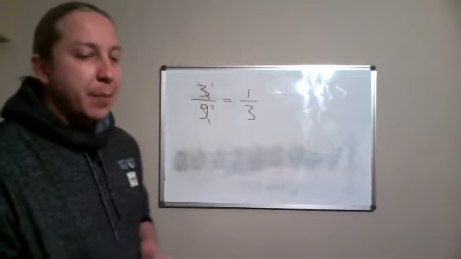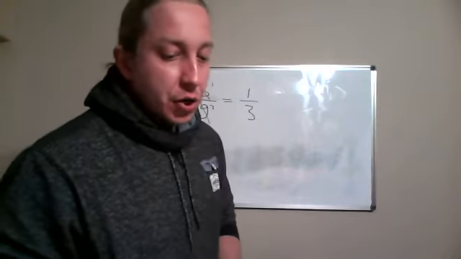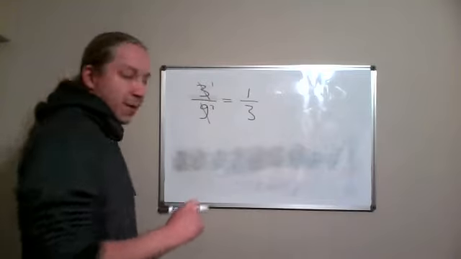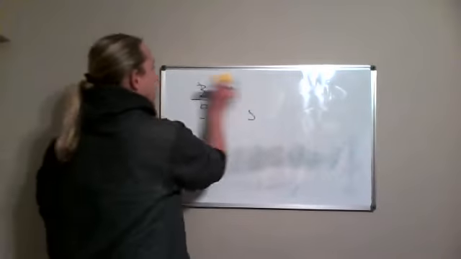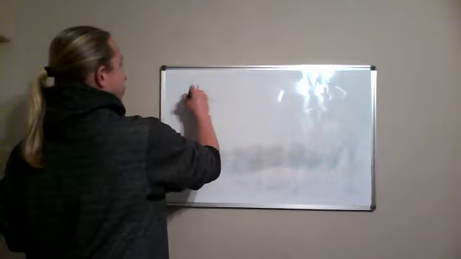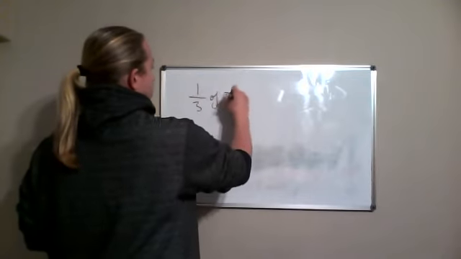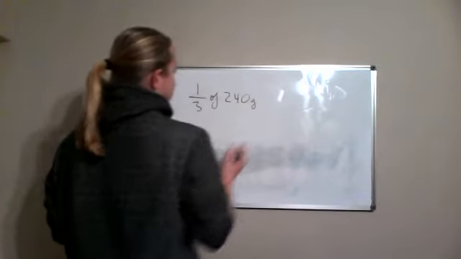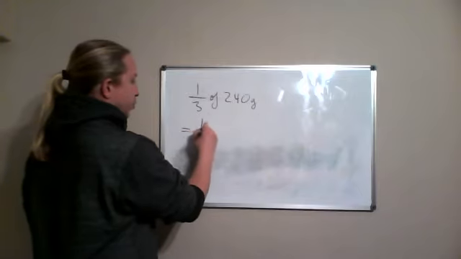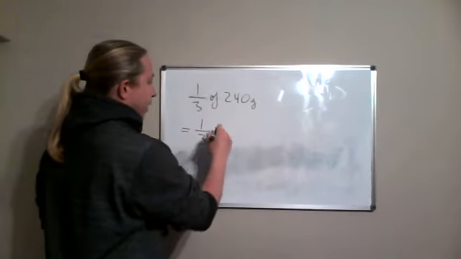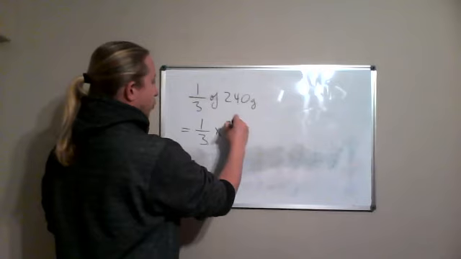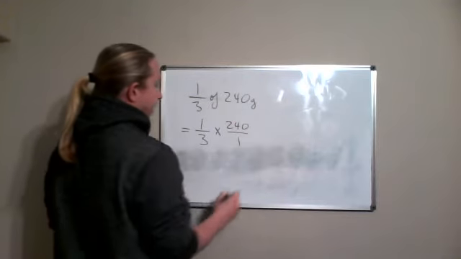So let's work out how much ingredients he'll need. He requires 240 grams of flour, but he only wants 1/3 of that. So we want 1/3 of 240 grams. Well, that equals 1/3 multiplied by 240 over 1.